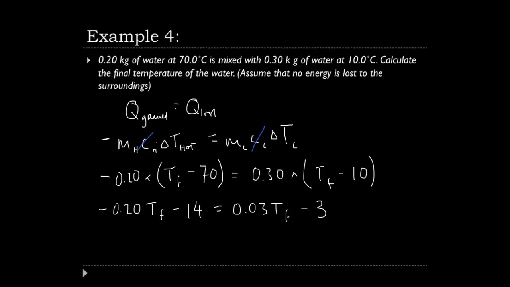Okay, so now we can move everything over to one side. So let's move all the Tfs over to the right and all the numbers over to the left. No, sorry, I've made a mistake here. This should be plus, because it was negative 0.2 times negative 70.